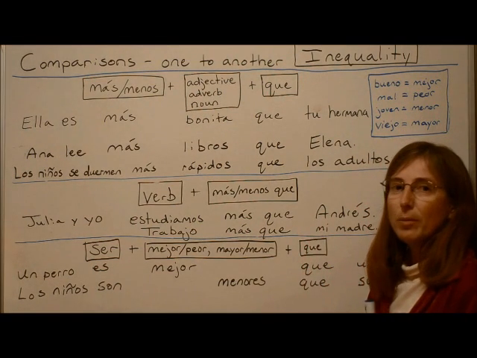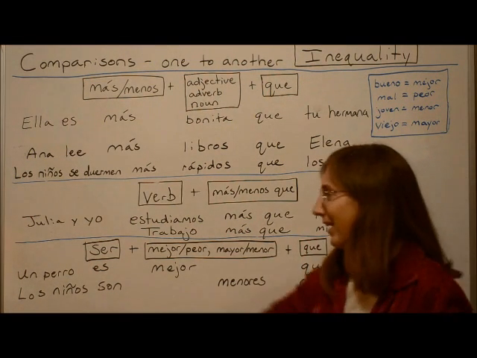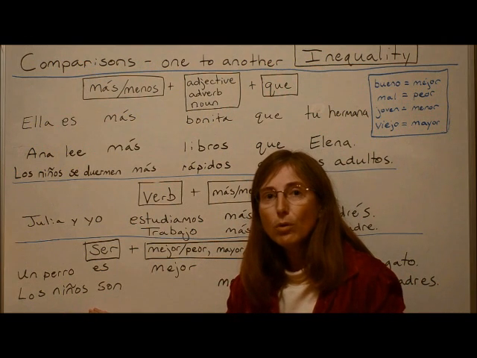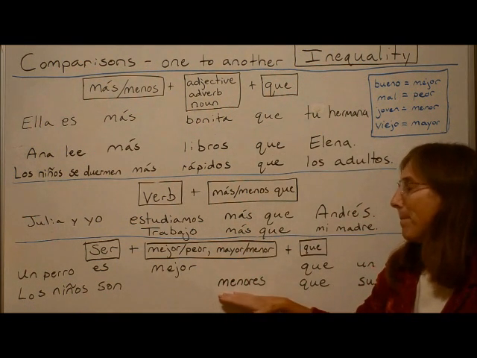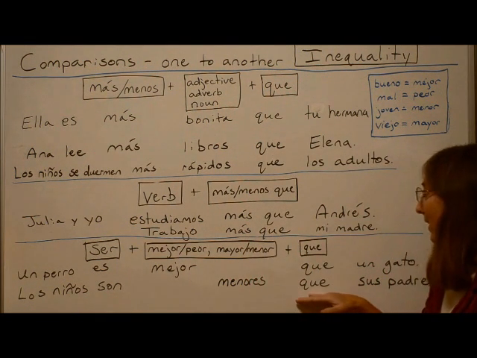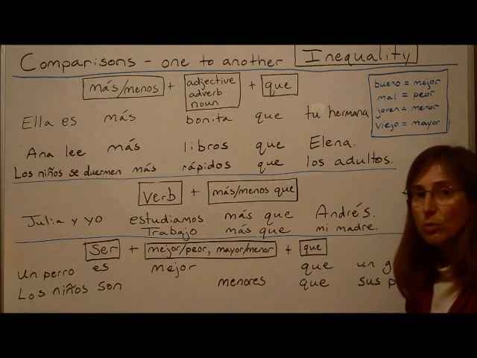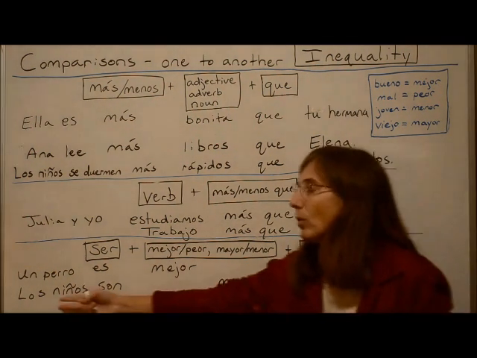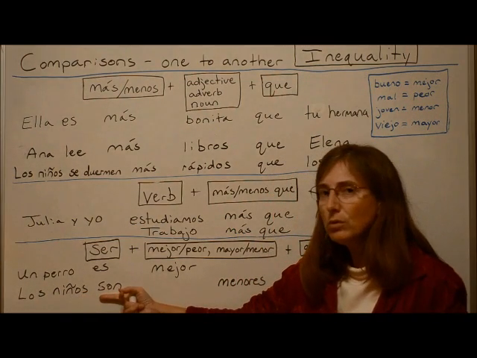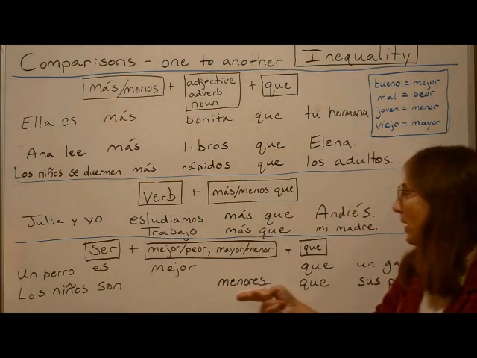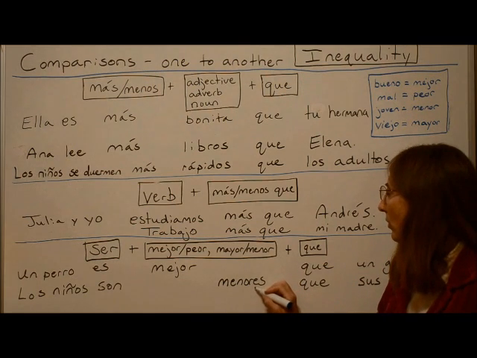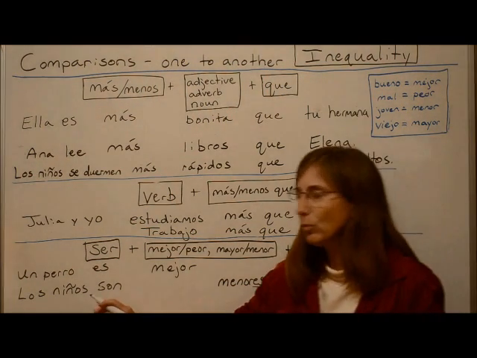If we wanted to talk about older and younger, we would say, los niños son menores que sus padres. And notice, we're talking about niños, plural, okay, son, and then menores is plural also, okay, because niños is plural.